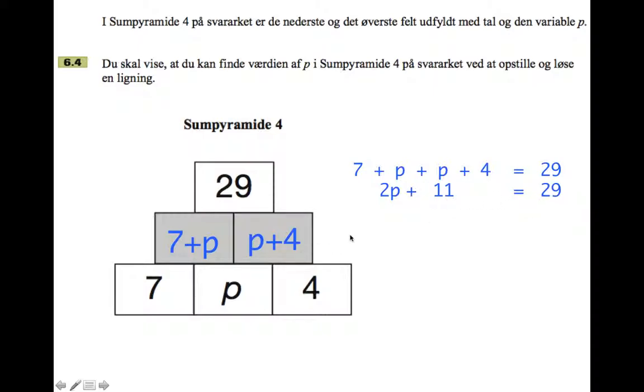Taking away the 11 from both sides leaves you 2p equals 18, and dividing by 2, p equals 9. So we've solved the equation, p equals 9, which means you can have a 9 here instead of p, and then the whole thing works out to be 7, 9, 4, 16, 13, 29.